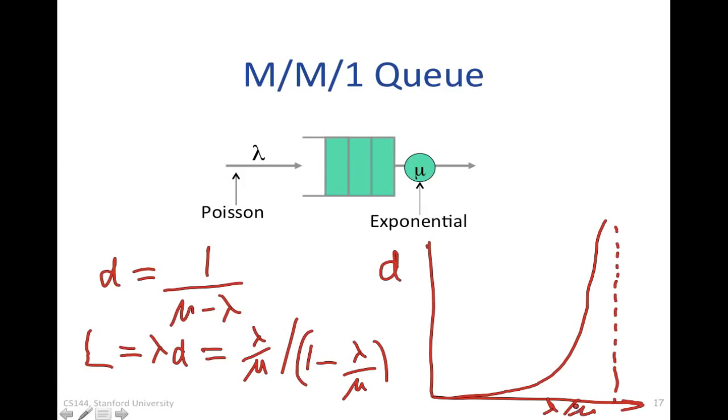As lambda approaches mu, lambda over mu approaches 1, and the denominator turns to 0, and the queue occupancy and the average delay will blow up and tend towards infinity. So the M/M/1 queue provides us a good intuition. Don't ever assume that this is the actual representative measure of the queue occupancy or the average delay, but it can often help to give us an intuitive sense of what's going on in a network.